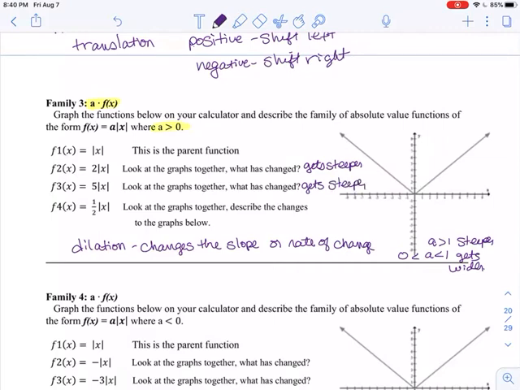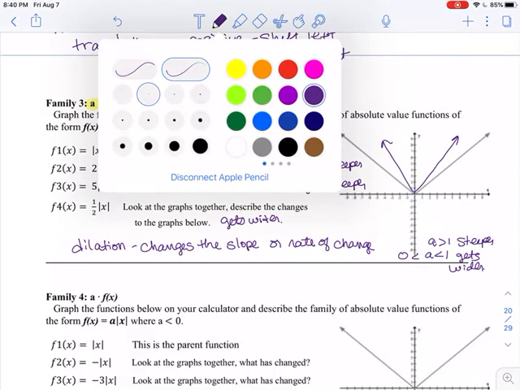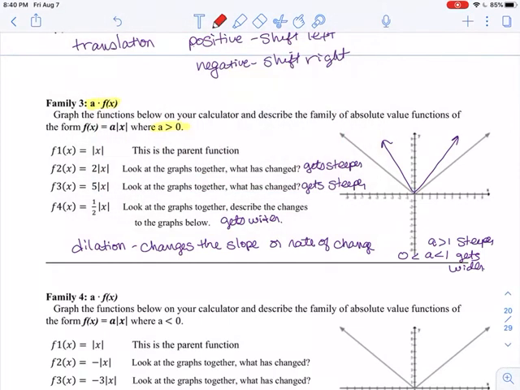And when I multiply by 1/2, it gets wider. So those are all dilations.